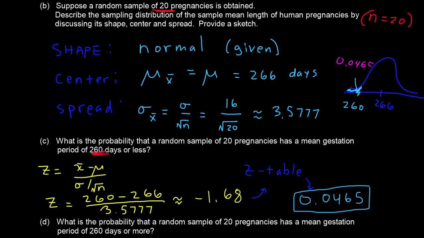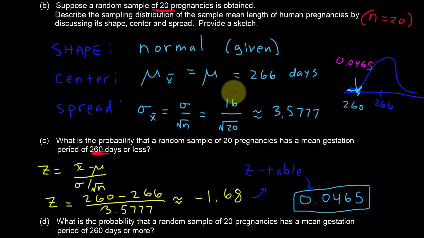That is a much smaller number compared to what it was earlier, which was 16. That was for the population. So the general process to find a probability here is the same as we did earlier in our class. We've just now integrated this sample size, the square root of n, into the spread here.